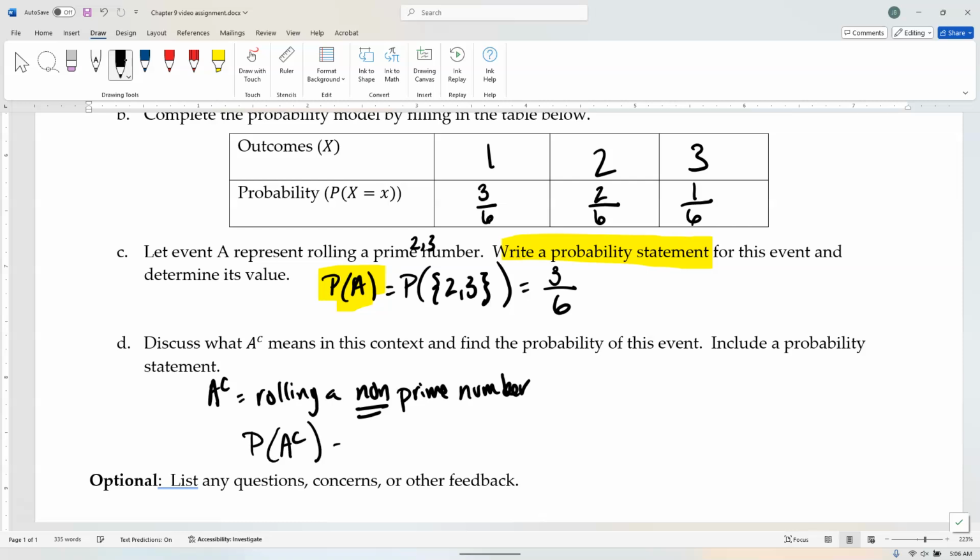A complement would be 1 minus P of A, and luckily we calculated P of A above, so this is 1 minus 3 over 6, and then remembering your fraction arithmetic would give you 3 out of 6, or again, 1/2. Okay?